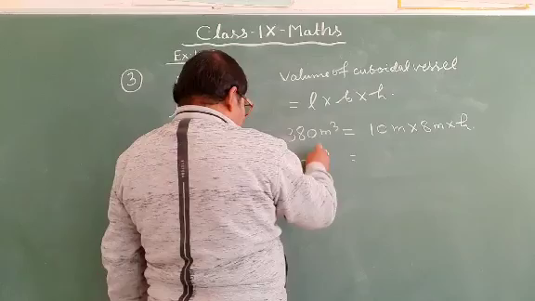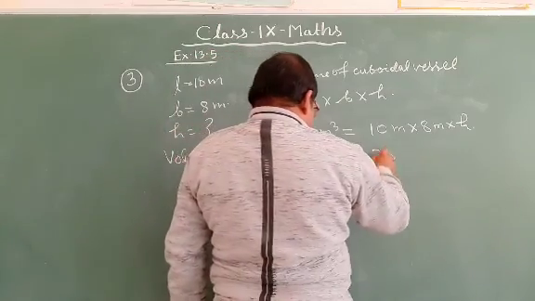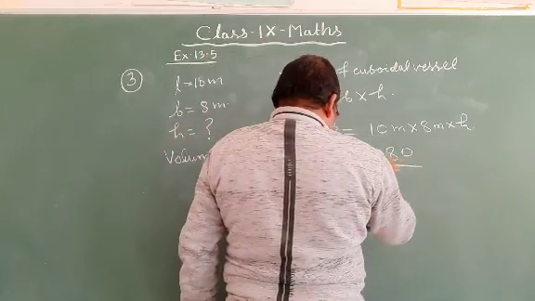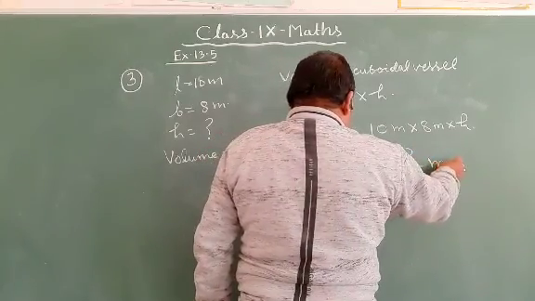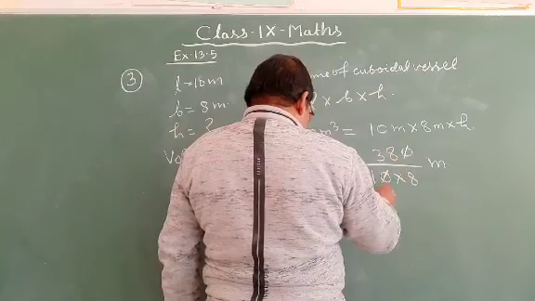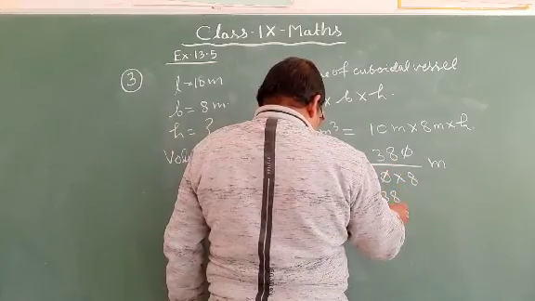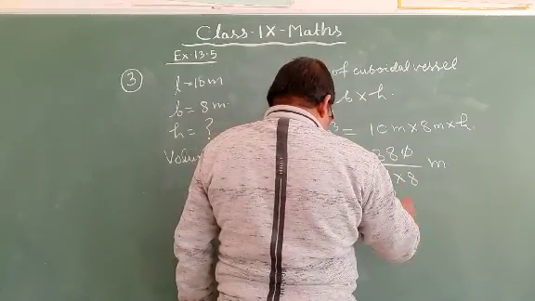So h is equal to 380 upon 10 into 8 meter, which is 38 upon 8, that is 4.75.